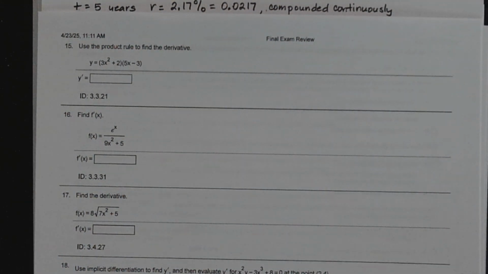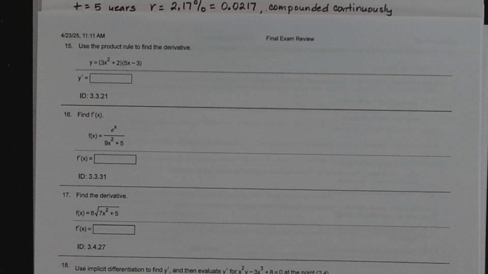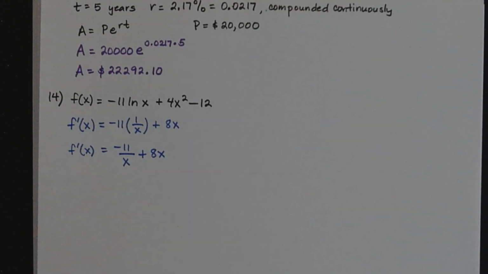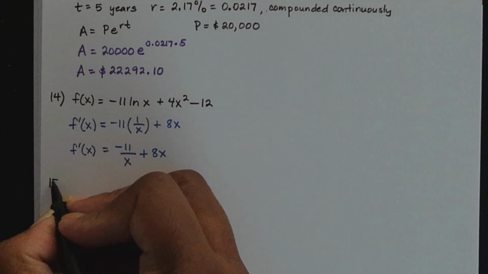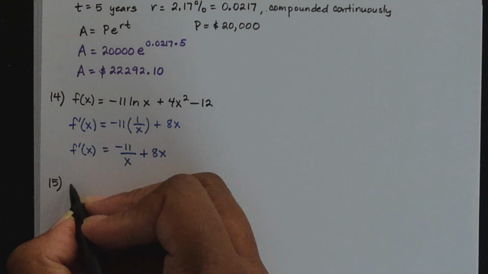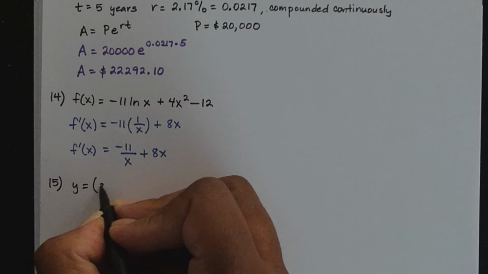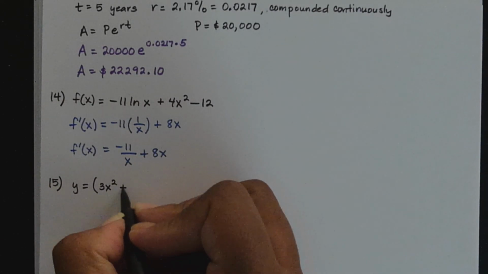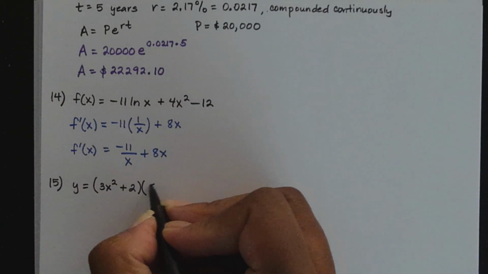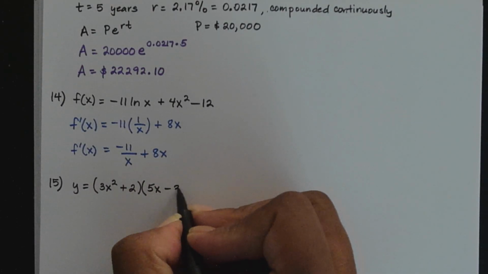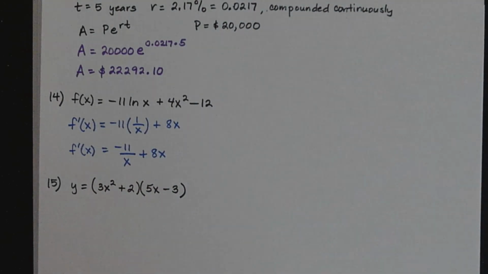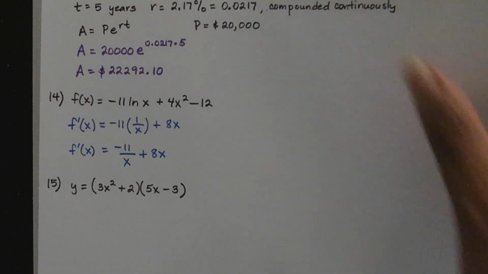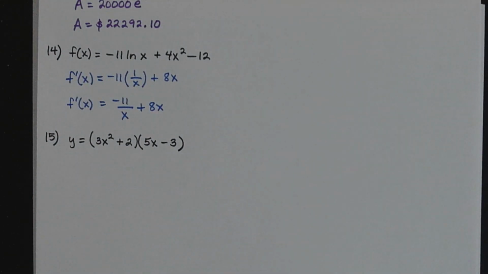So in this case here we've got y equal 3x squared plus 2 times the quantity 5x minus 3. Okay, and they want y prime.